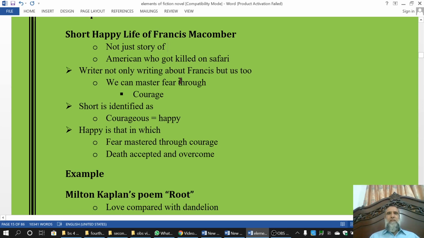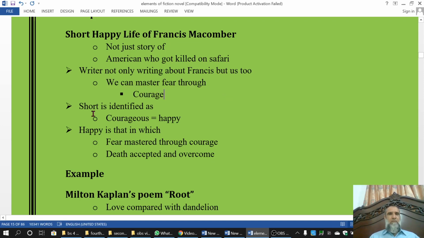The writer is not only writing about Francis, he is writing about you and me, and he is telling us how we can master fear through courage. You can master fear through courage, not through cowardice.